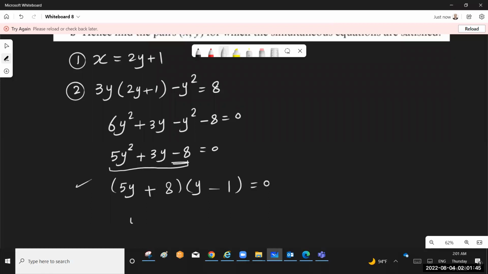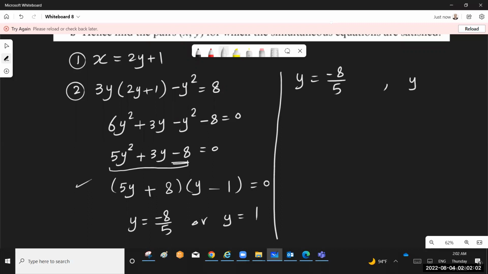So you have two values of y, really. y is negative 8 over 5, or y is equal to 1. By substituting in the first equation to find the corresponding values of x, for y equal to negative 8 over 5, x is 2 times negative 8 over 5, plus 1.